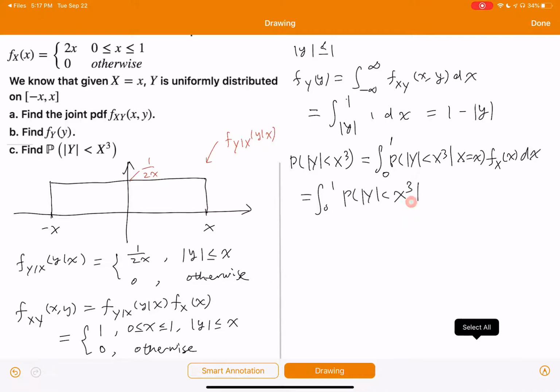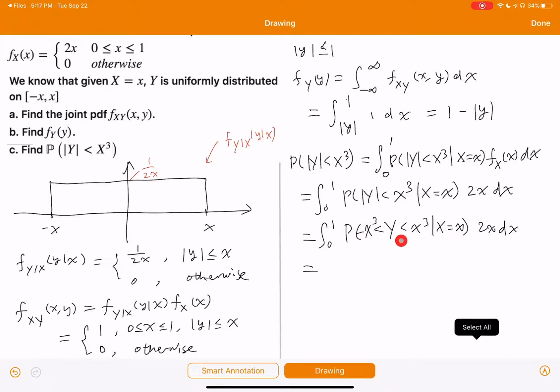And f of x here, we know this is 2x, so we write 2x here. This is equal to the probability that y is less than x cubed and greater than negative x cubed, given x equals x, times 2x dx.